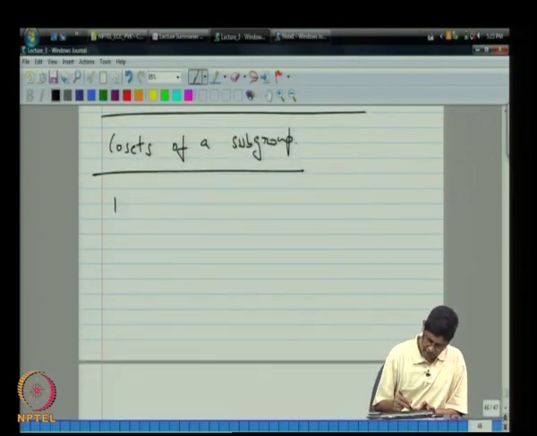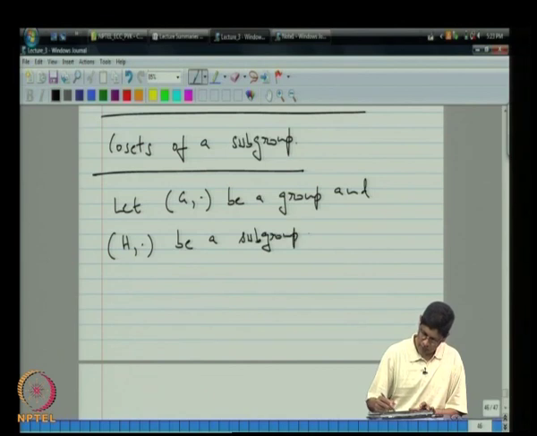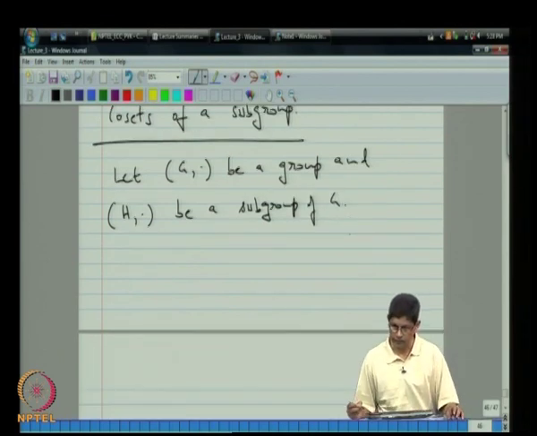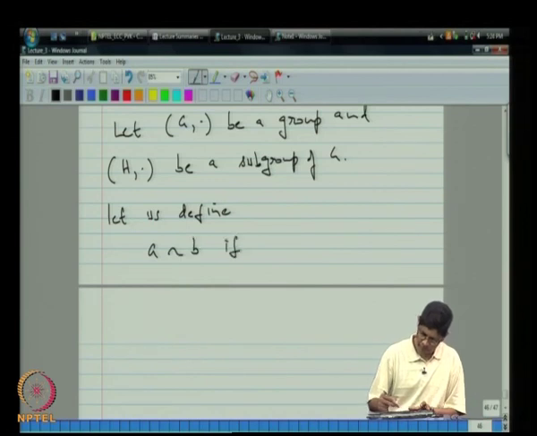Let G be a group and H be a subgroup of G. Let us define A equivalent to B if A times B inverse belongs to H.